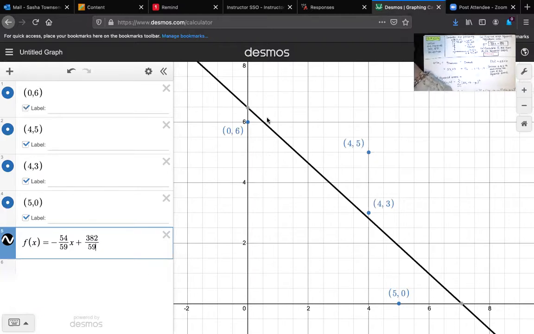Now, it's a little bit hard to see, but the errors are the difference between this predicted y value on the line and the actual y value in the ordered pair. So this predicted y value on the line is 6.475. If I take that y value and subtract this y value, that's going to give me 0.475. Now over here, at x equals 4, let's see what f of 4 is.